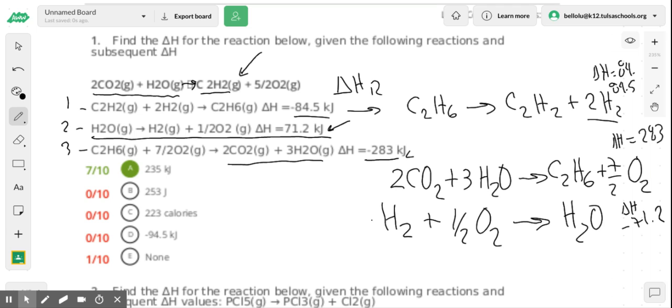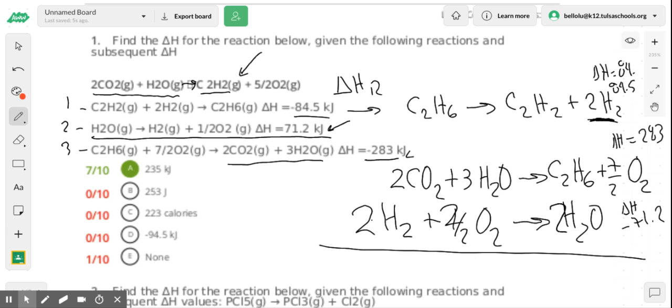And now I'm ready to cancel out and do the addition of all the chemical reactions. I noticed that I had 2 hydrogen on this one here, so I need to multiply this one by 2 so I can easily get the 2 hydrogen that I need to cancel out. Let me pick a different color for canceling.